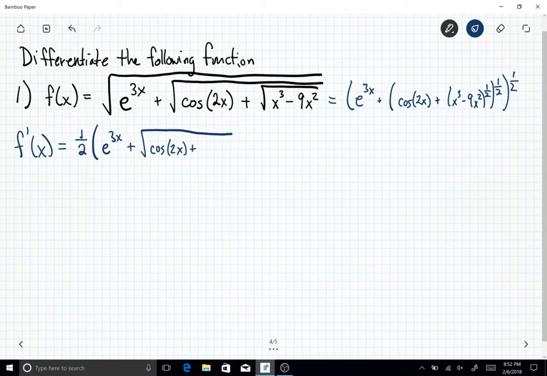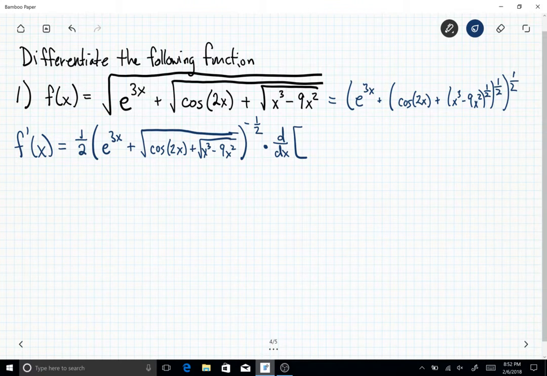So we have this plus the square root of x cubed minus 9x squared, and all of that is raised to the 1/2 minus 1, which is negative 1/2 power. Okay? So times the derivative, now here's the fun part, we have to multiply by the derivative of the interior. So what is that interior?